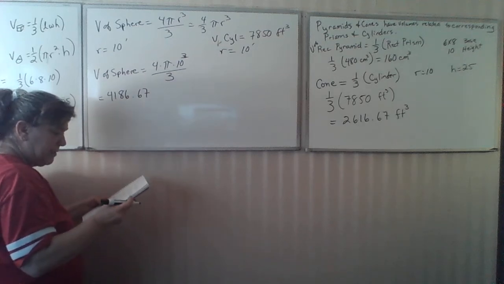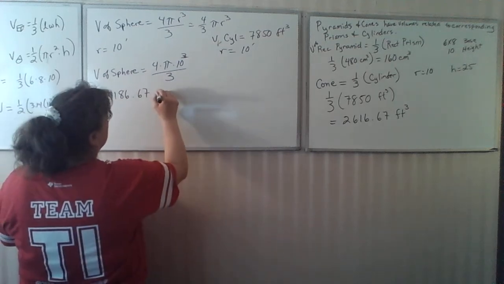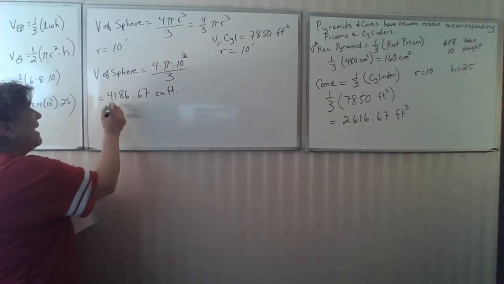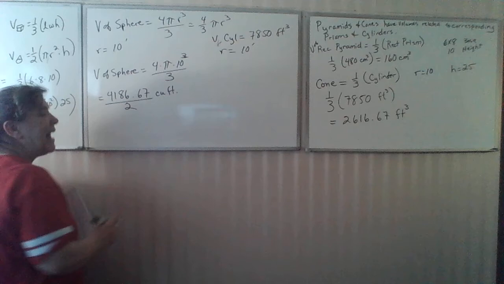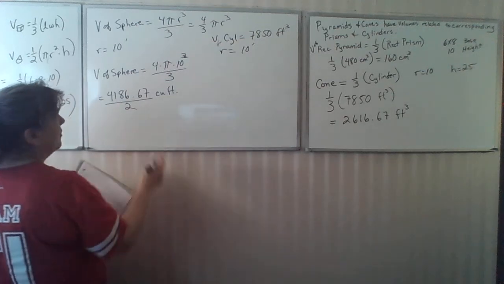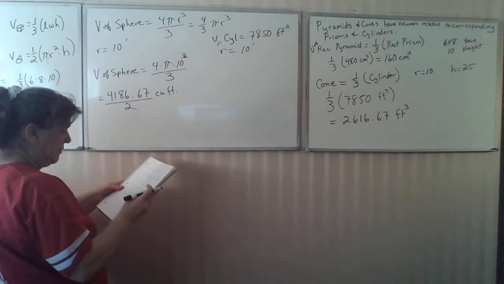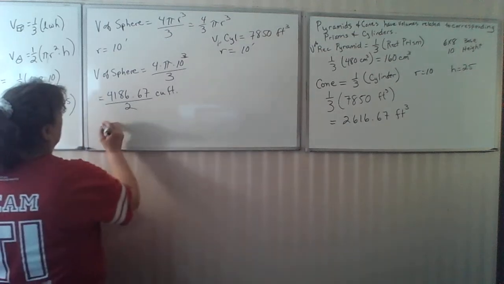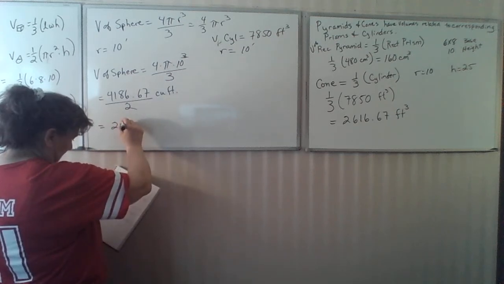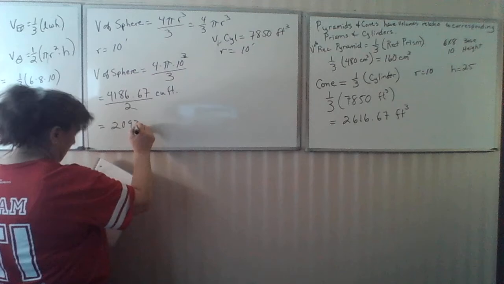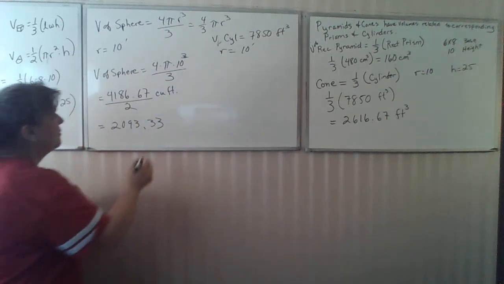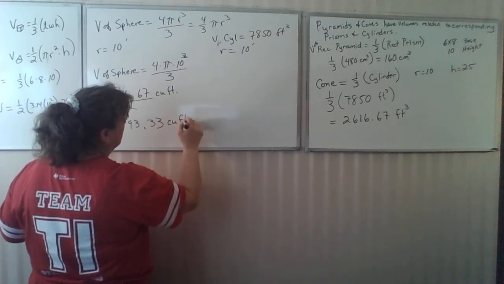And that's going to then be cubic feet. Now I've got to divide that in half. Why? Because I only want half of that sphere. And so half of my sphere is going to be 2,093.33 cubic feet.